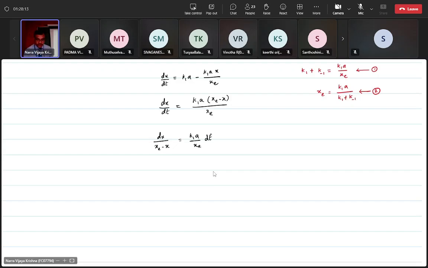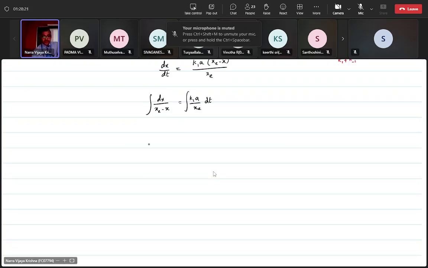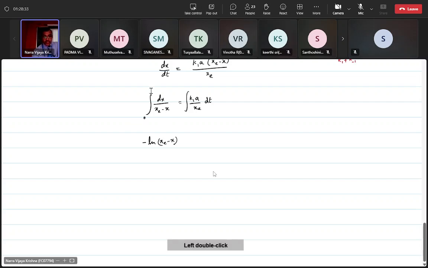Integrate on both sides. What is the integral of this value? Log of xe minus x, differentiation of this gives minus. Between the limits 0 to x, when time changes from 0 to t.